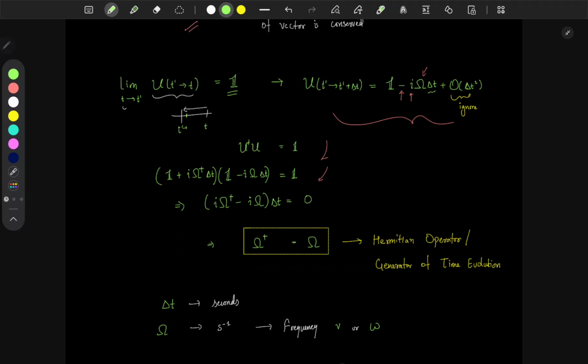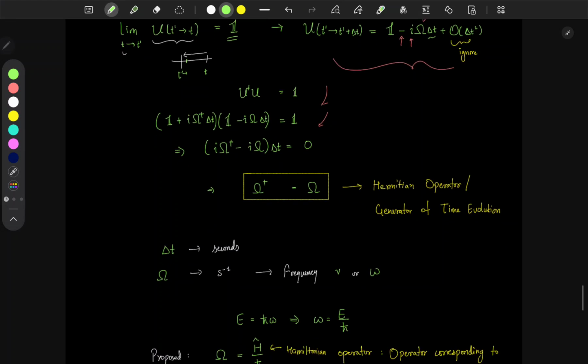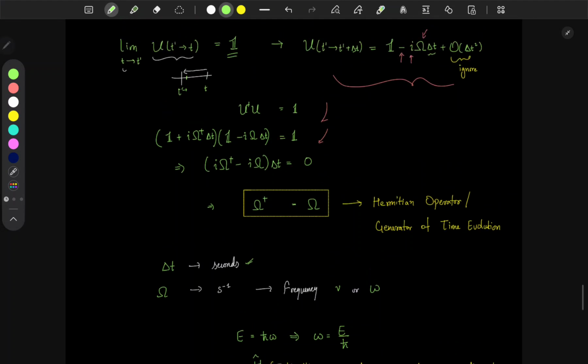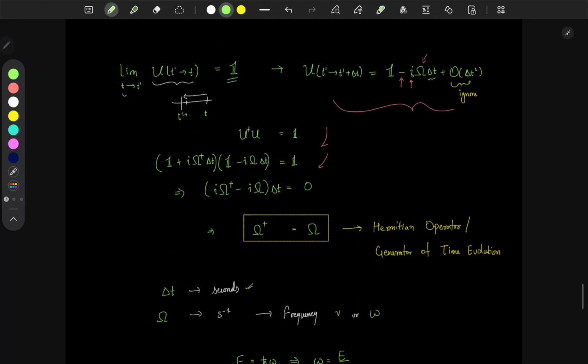Here we have delta t, which is something you can measure. It's a quantity, and it has the dimension of seconds. And i, as it's an imaginary number, obviously doesn't have any dimension. So that means omega must also have a dimension, and that dimension should cancel out, because the identity operator doesn't have any dimension.